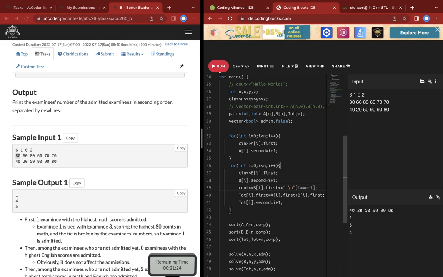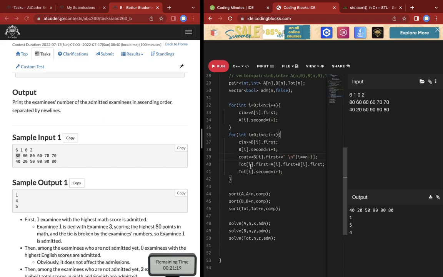Okay, this is not yet sorted. Right, after sorting.